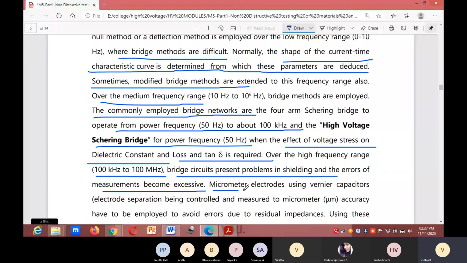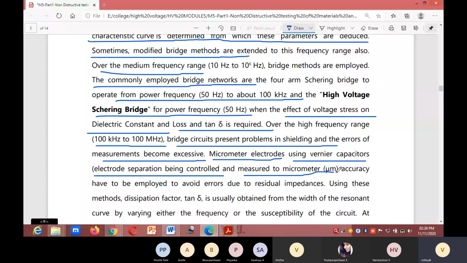So micrometer electrodes using vernier capacitors, that is electrode separation being controlled and measured to micrometer accuracy, have to be employed to avoid errors due to residual impedance.